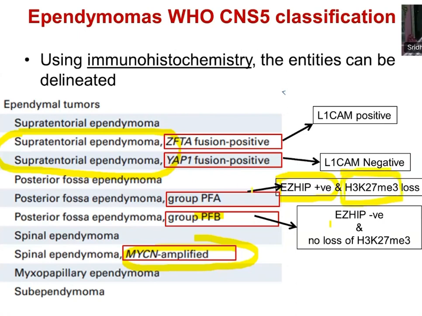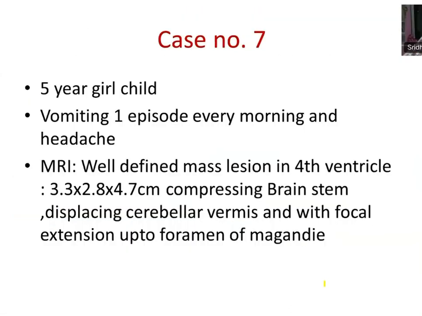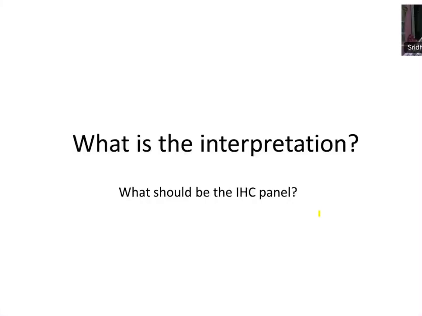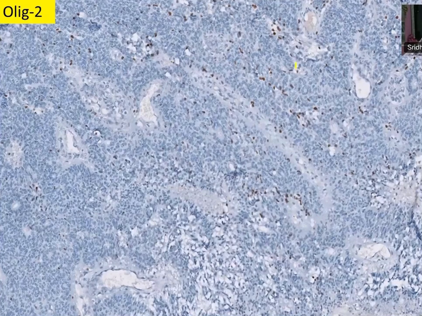If you want to call something posterior fossa A, what should you get? EZHIP positive and loss of H3K27me3. Okay. So what should be your panel now? Sir, EZHIP. Interpret this. First, you need to prove that it's an ependymal tumor, which is what you have morphologically. OLIG2 negative.